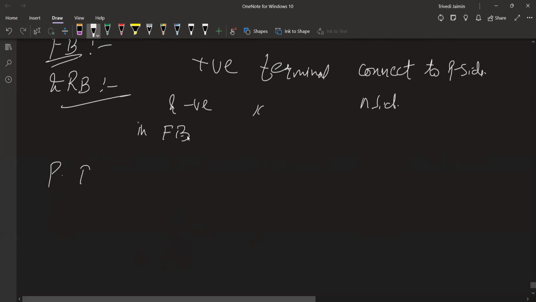Potential barrier. Potential difference between the depletion layer, a region. Potential difference in the depletion region. What happens at this point?